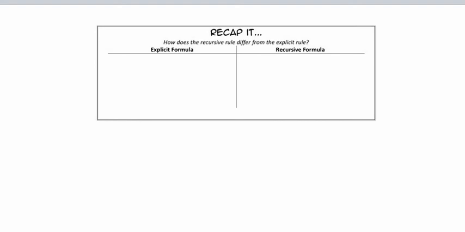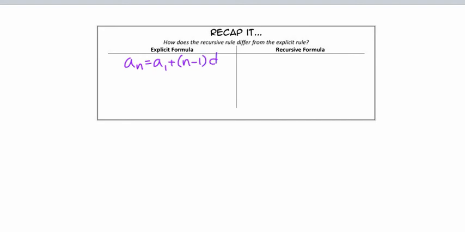So recap. How does the recursive rule differ from the explicit rule? Now the explicit formula, if you've forgotten already, which hopefully you haven't, is a sub n is equal to first term plus n minus 1 times the common difference.